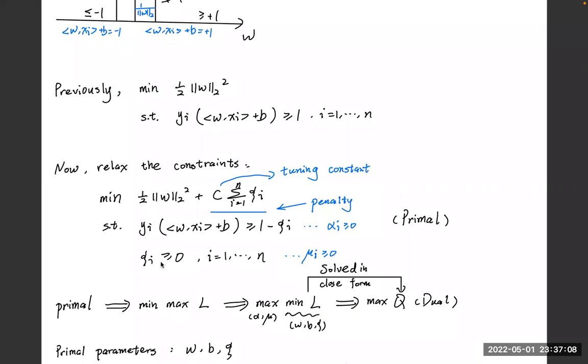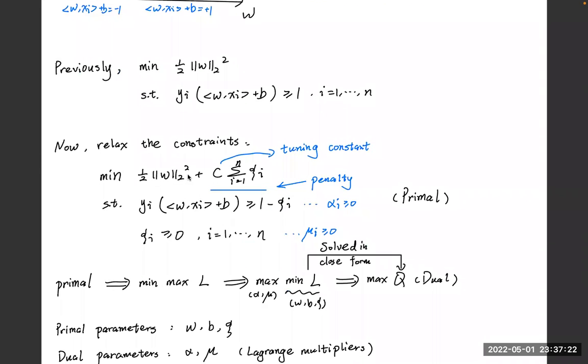Okay, so that's the more general version of the primal problem for the non-separable case, where we introduce the non-negative slack variables. Now we have w and b as our primal parameters, but we also have psi_i as primal parameters. And we have two sets of constraints.